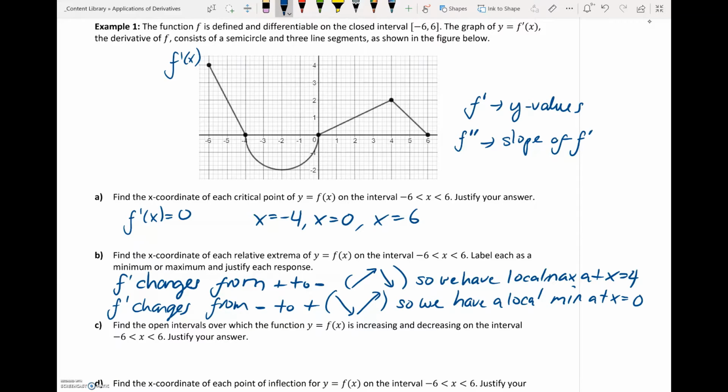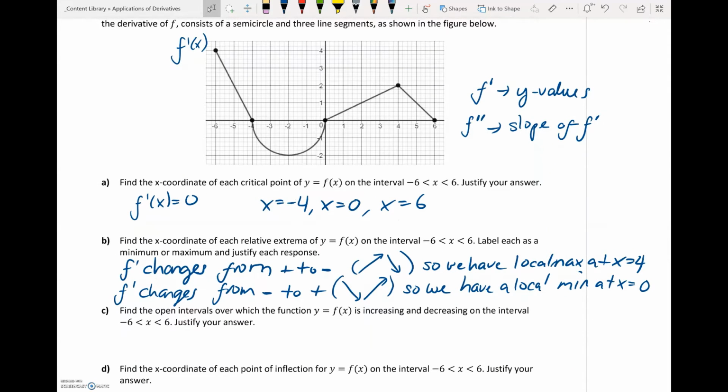So now we're going to look at part C. We want to know when f is increasing and decreasing. Very similar: if f prime is positive, we know f is increasing, and if f prime is negative, then we know f is decreasing. So that means f is going to be increasing between -6 and -4 because our y values are positive here, and also between 0 and 6.